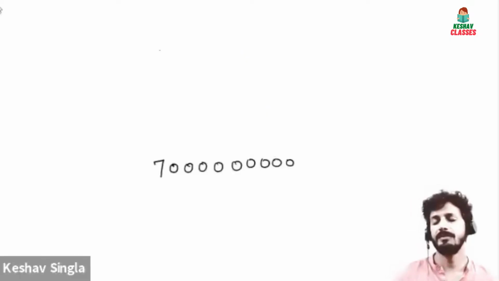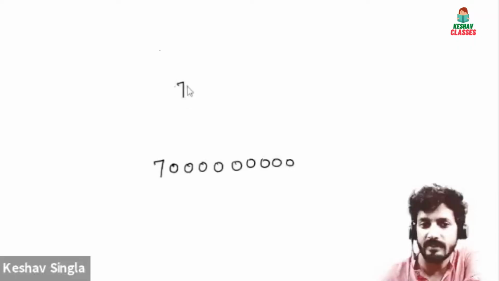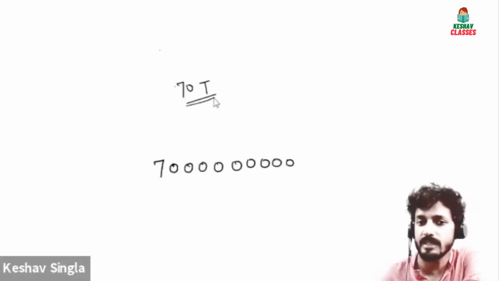You always start from the right hand side. 70 trillion? 70 trillion. That's what he's saying. Okay, let's see.